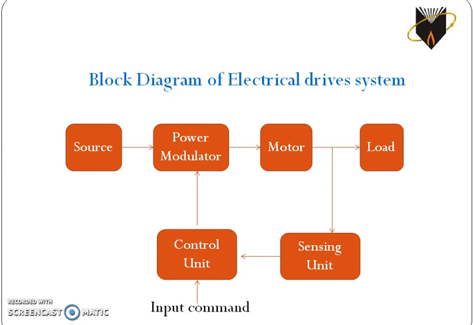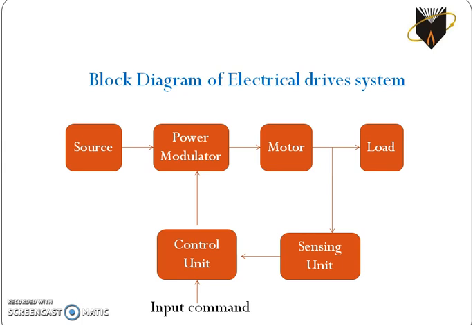It may contain semiconductor devices, or it may contain switching devices like relays. Based on the requirements, you can use those. To control the firing circuits and the relays, we require the control unit. It has the input command as a reference.